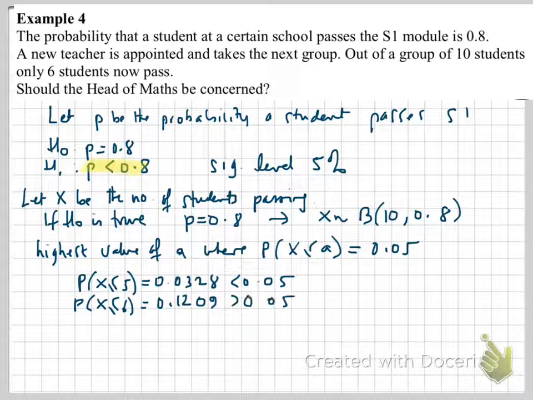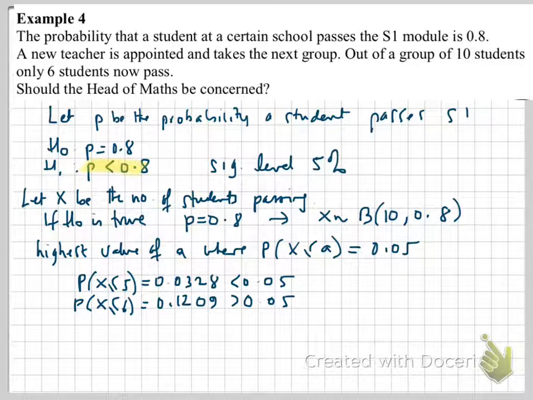If we look at our tables, we'll find that we have two values in the region we need to look at. One is at X is less than or equal to 5, we get 0.03, and if you go one above, we get 0.12. So we know that's the region we need to focus on.